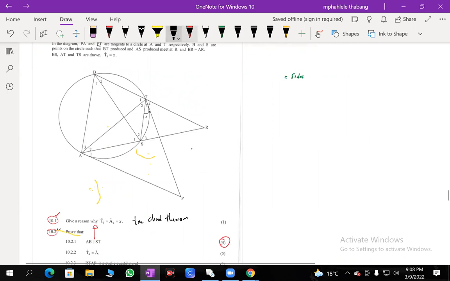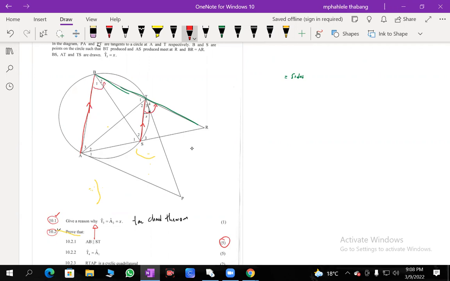Remember, we have proved that AB is parallel to ST. Now we know that AB is parallel to ST because it was proved. Now you are saying angle T3 plus T4 equals angle B1 plus B2.